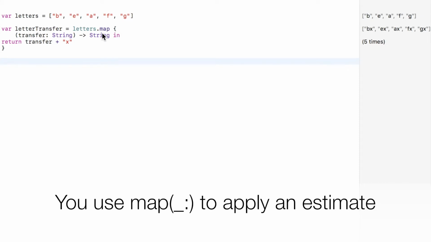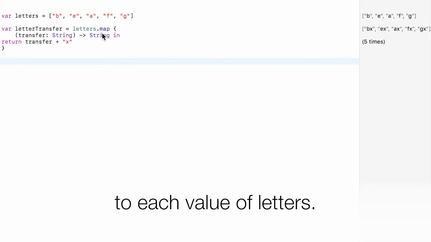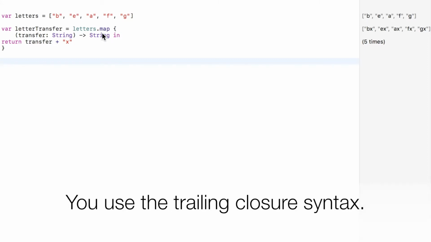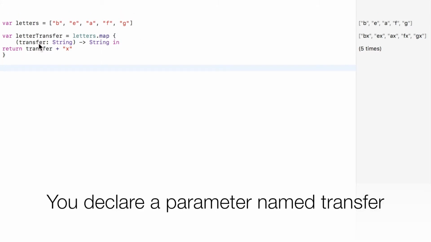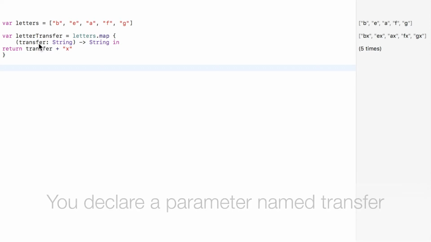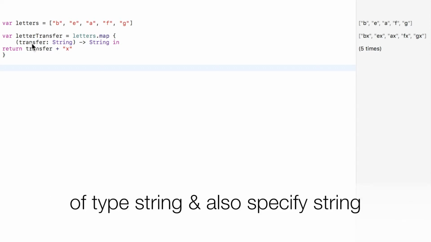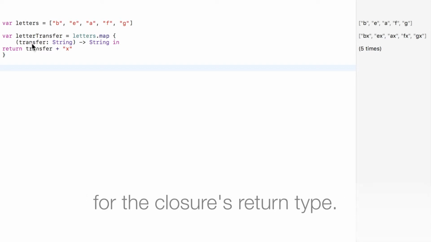You use map to apply a transformation to each value of the letters. You use the trailing closure syntax. You declare a parameter named transfer of type String and also specify String for the closure return type.